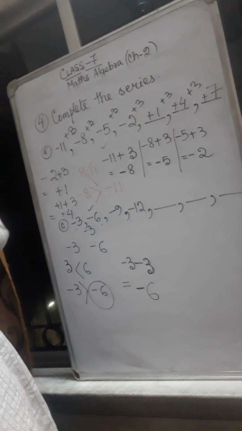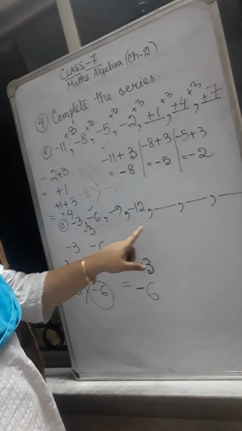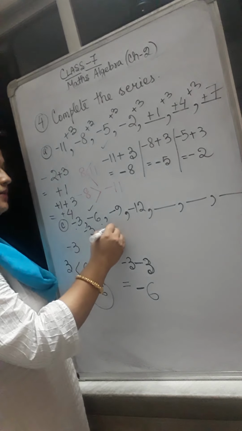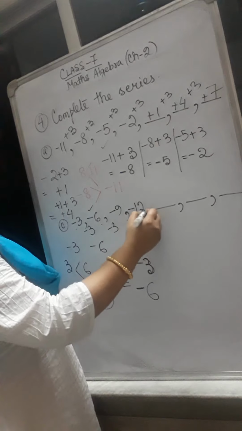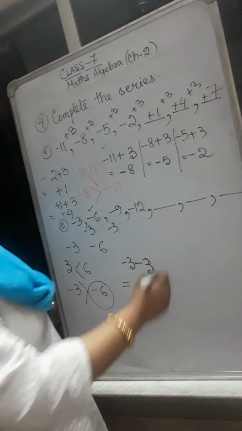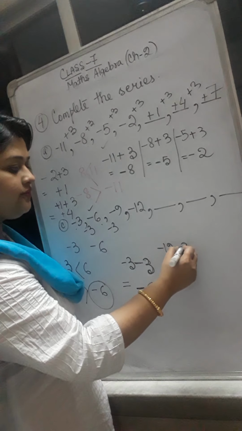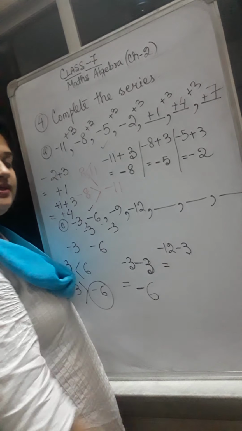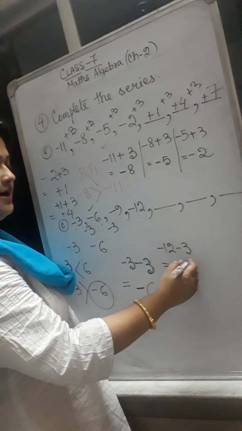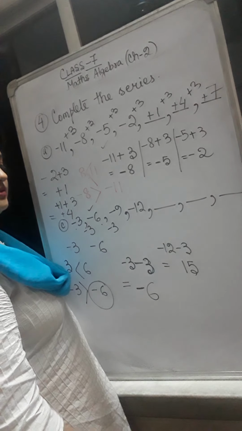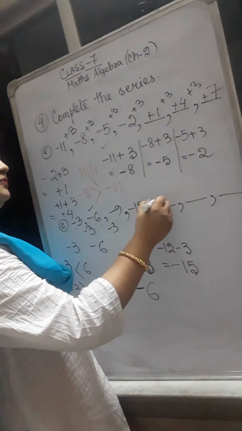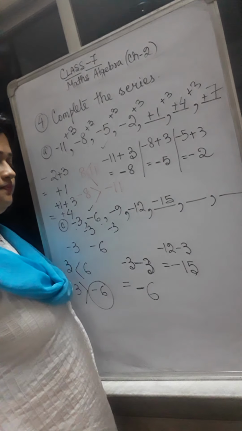So with minus 3, I have subtracted 3 to get the next number. Now this series follows like this. That means from each number, if you subtract 3, you get the next number. So what you will do over here, with minus 12, you need to subtract 3 to find the next number. Both are same sign, numbers will be added and the sign of the greater number. Greater number has a minus sign, so it will be minus 15.